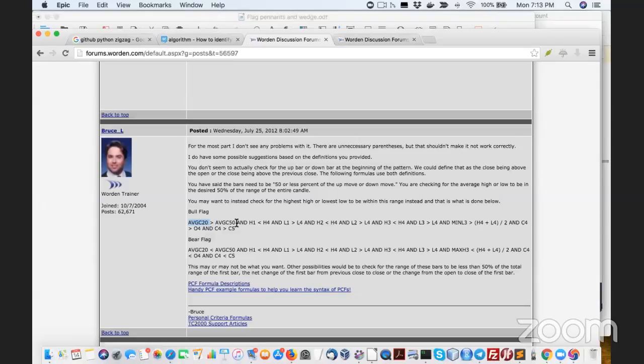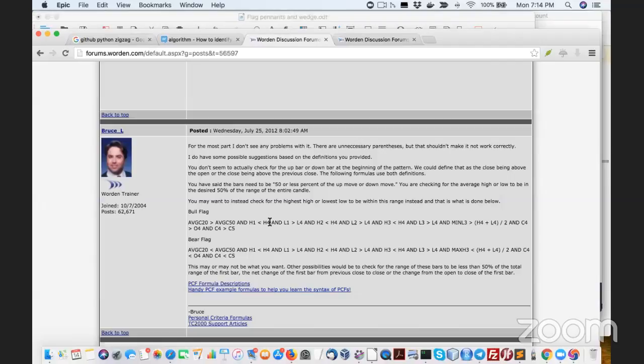If it's the closing day data, end of day data, you take the average on the close of the 20, the average of the 50, and you take the hourly and the 4-hour, the hourly high and the 4-hour high. Also, you have the hourly low and the 4-hour low, and the 2-hour and the 4-hour. Sorry, I'm always getting these confused.